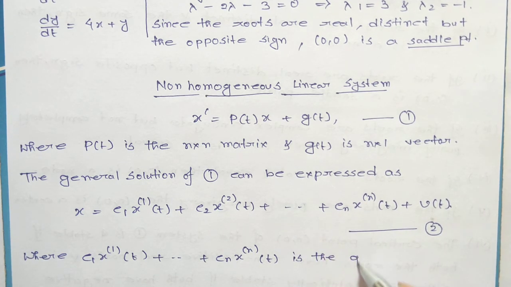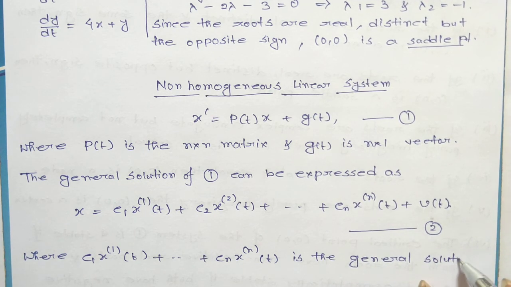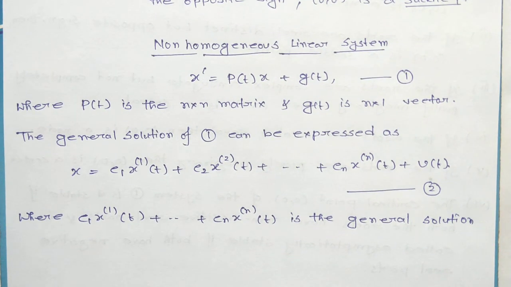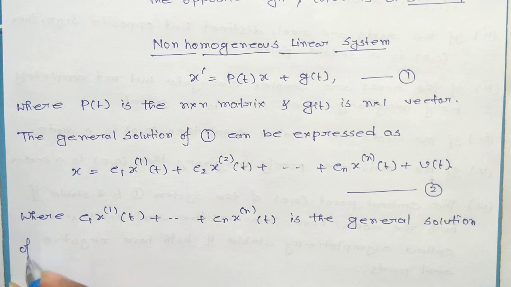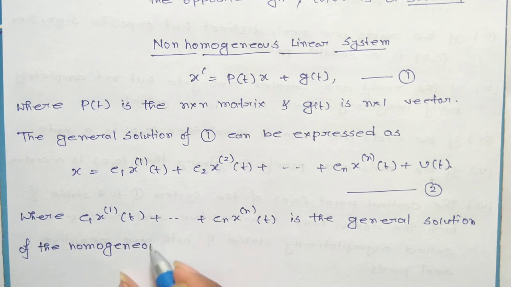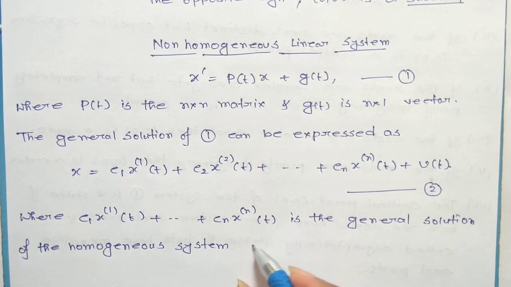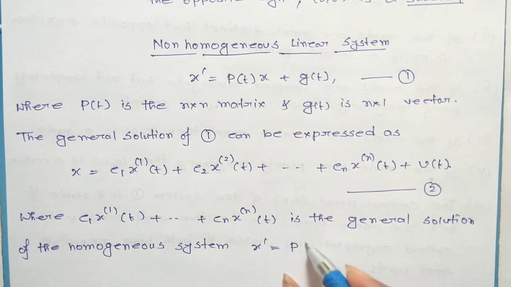In this case the homogeneous system is x dash equals P(t) into x.